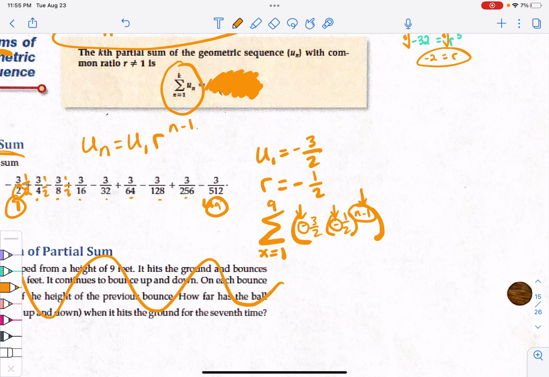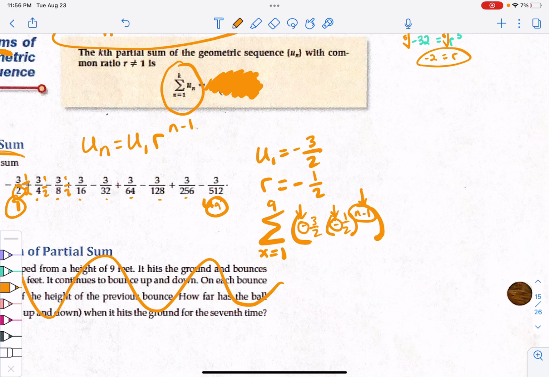Okay, so I'm going to do negative 3 over 2, open parentheses, whoa, see, and it's already causing me problems. Parentheses, negative 1/2, oh shoot, negative 1/2, this is causing me so many problems already.